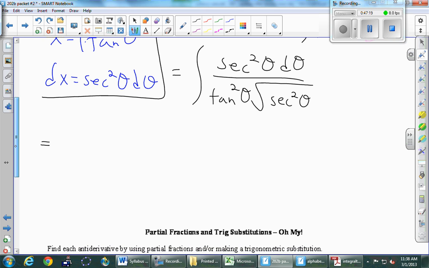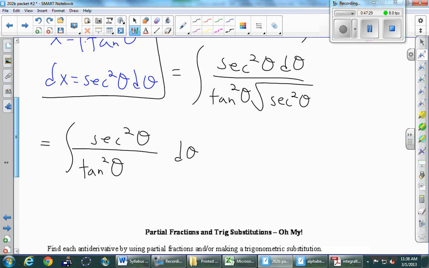So equals, upstairs I'm copying. Downstairs, what do we get? Square root of secant squared is really secant. So let's cancel one of those secants.